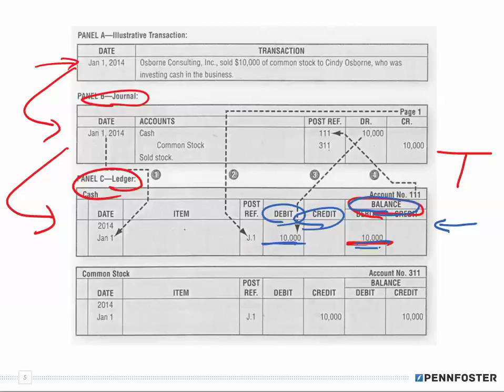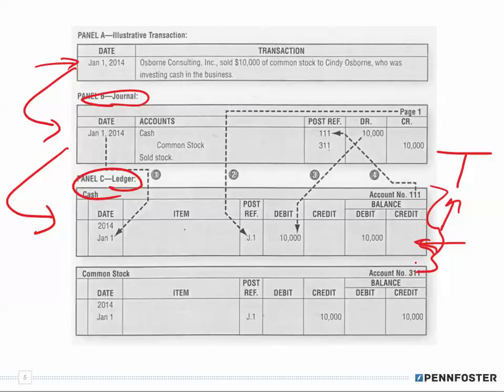Every time you make a transaction, you're going to have a new balance. You're constantly updating that balance, so that anybody who looks at the account will know at that moment in time what the balance in the account is. So just be aware that the textbook is using these T accounts as ledger accounts, but in reality, you would end up using a ledger account that looks like this.